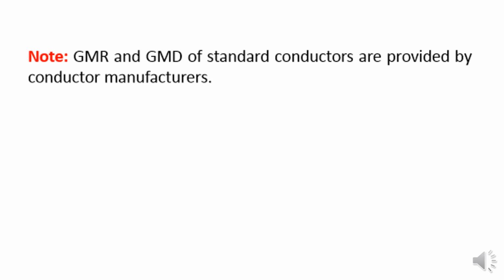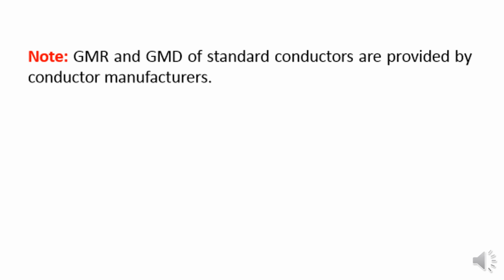Let's say you were given the GMR values of x and y and the GMD value. Then you just have to substitute them into that previous equation in order to find the inductance. Likewise, we can calculate the inductance per meter. Here I have shown you just a particular arrangement, but in practice it will be a different arrangement.